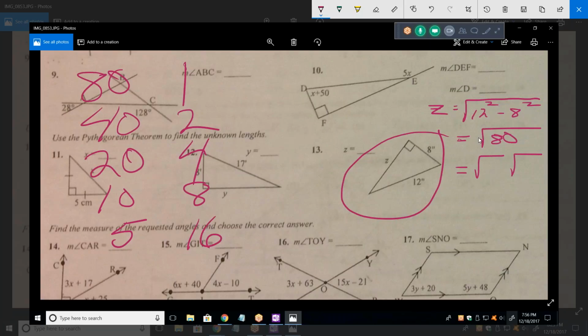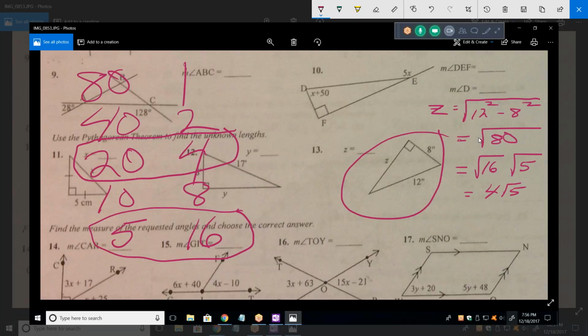Now, notice in that set of factors, we've got that choice, because 4 is a perfect square number, but this is the better choice, because 16 is a bigger perfect square number. So if I'm going to factor 80, I want to factor it this way, 16 times 5. What's that turn into? Square root of 16. So 4 root 5 is the answer. 4 root 5 for z.